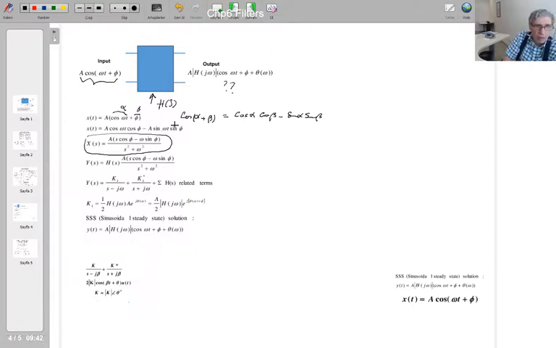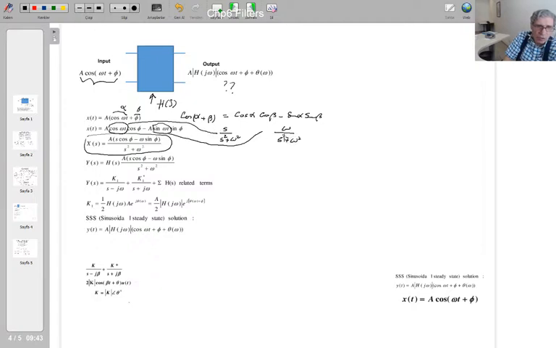On the other hand, we know that the Laplace transform of this function is s over s squared plus omega squared, and the Laplace transform of this term here is omega over s squared plus omega squared.